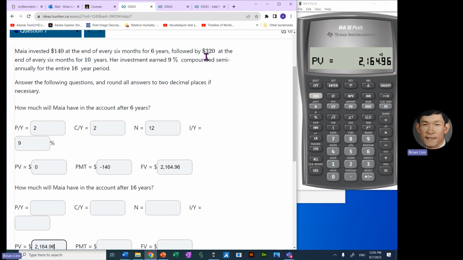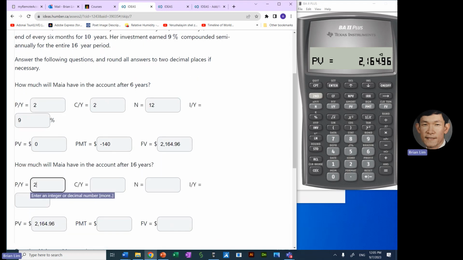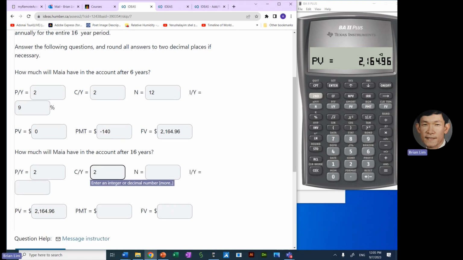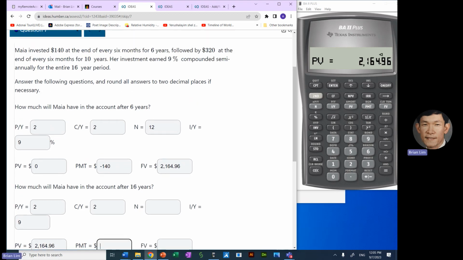Now the $320 is made at the end of every 6 months, so PY is still 2 and CY is still 2. That never changed, and the interest rate is still 9. Payment? Yes, we do have payments.